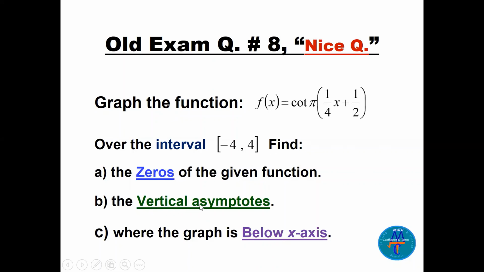Find the vertical asymptotes from minus 4 to 4. You don't have to add them. And then where the graph is below the x-axis from minus 4 to 4. So this is like 4 parts in question number 8. That's why I write here, nice.